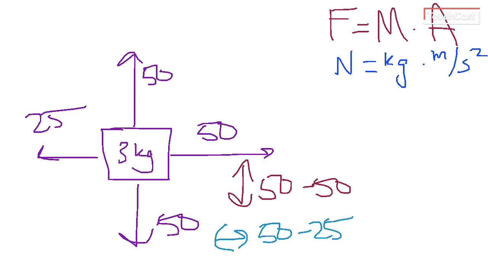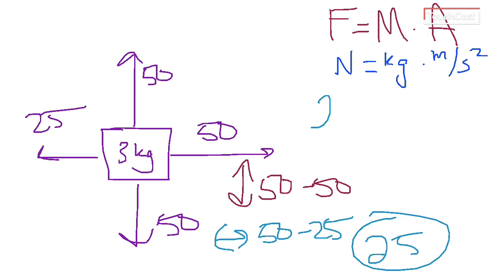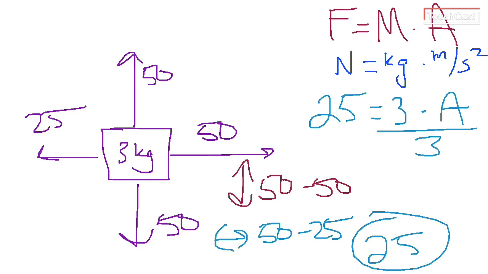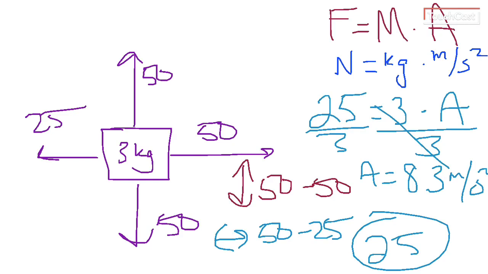So our net force is 25. I can plug that in for F, which is in newtons. Our mass is 3, and I can solve for a now. If you divide both sides by 3, our acceleration is 8.3 meters per second squared.